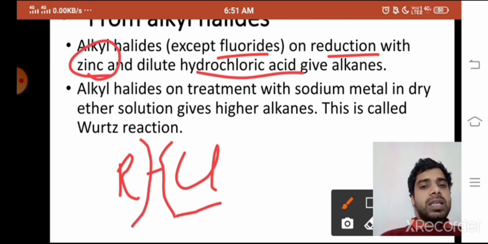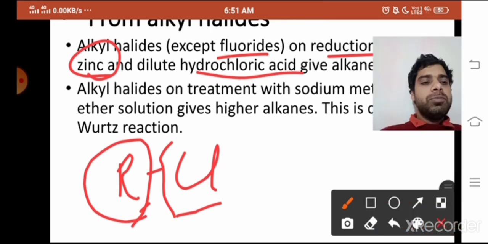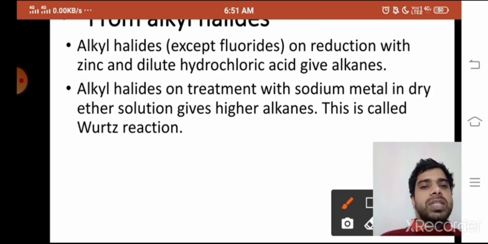As a result, R will gain one hydrogen from the dilute hydrochloric acid and form a stable compound, and that is an alkane.